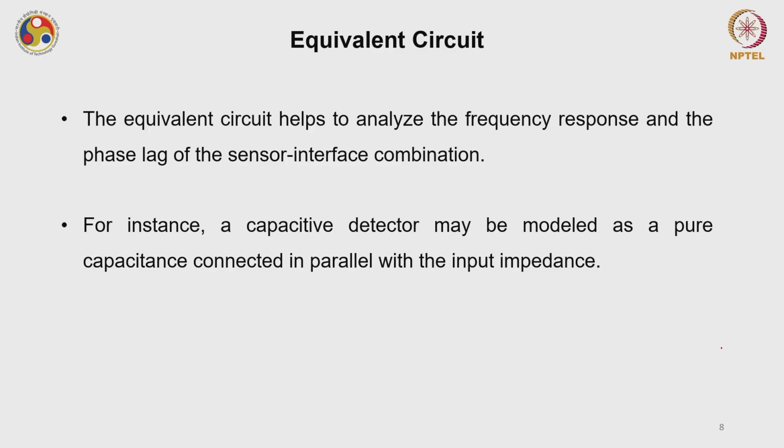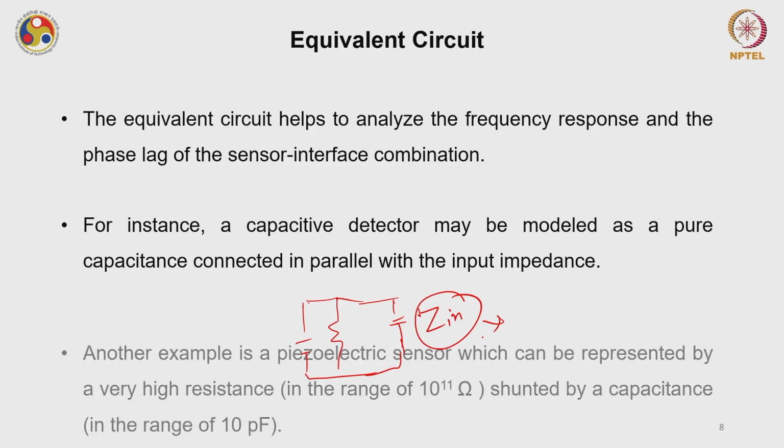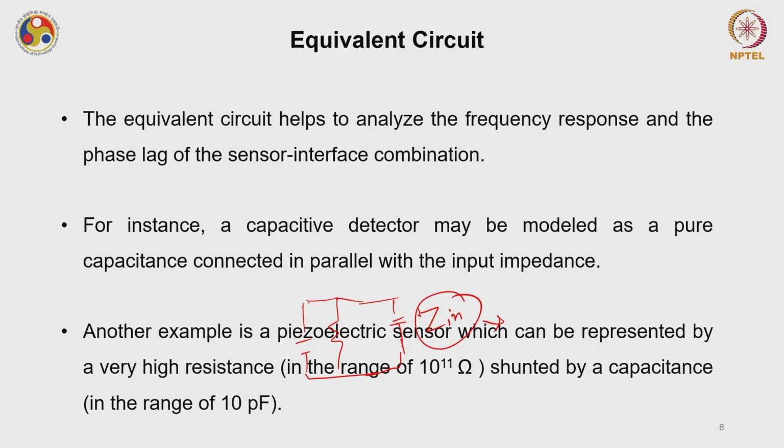However, it can also be modeled as a capacitance in parallel with a resistance, depending on the sensor. Of course this has to be connected in parallel with Zin, the input impedance of the interface circuit. Another example is a piezoelectric sensor, which can be represented by a very high resistance, of the order of 10 power 11 ohm, shunted by a capacitance in the range of 10 picofarad.